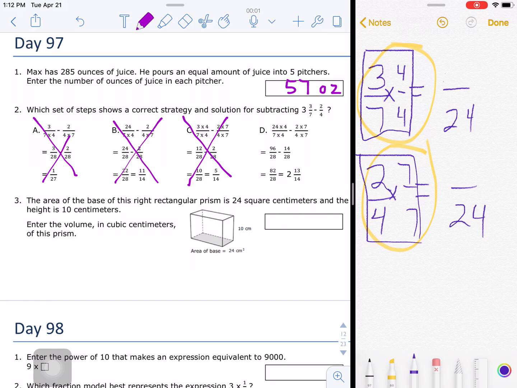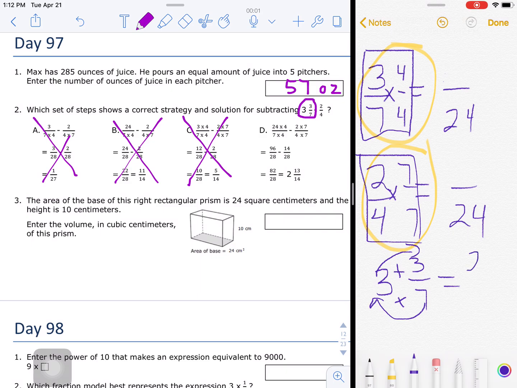So if I look at 3 3/7, how do I make that into an improper fraction? And remember, I'm going to show this over here. It's 3 3/7 minus 2/4. So I can make 3 3/7 into an improper fraction by multiplying my denominator times my whole number, and with 3 times 7 is 21, and then adding my numerator.